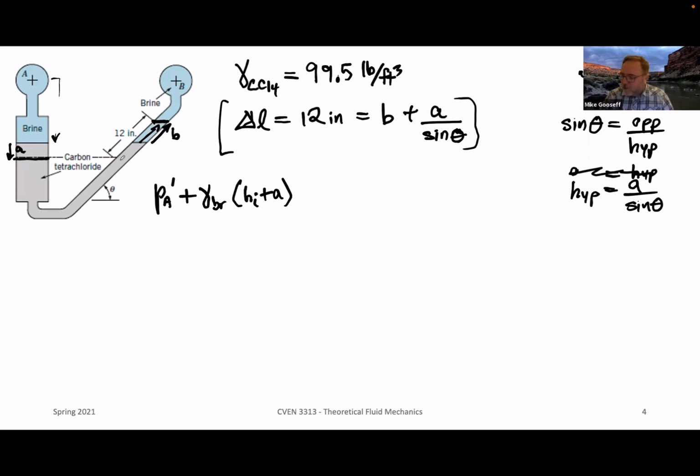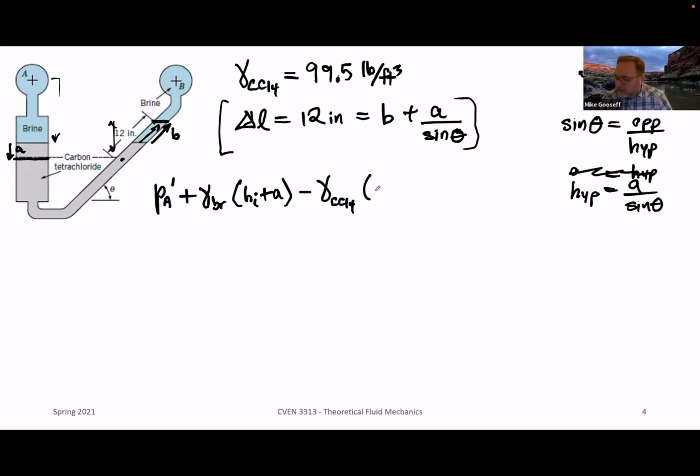Now, if we go all the way across, we can start from this location, but we need to go up to that value there, and we know that that total length is 12 inches. So what we're going to do is subtract now gamma times carbon tetrachloride. So that is our specific weight of our manometer fluid. And now we write in the height of this change here, which is what we need.